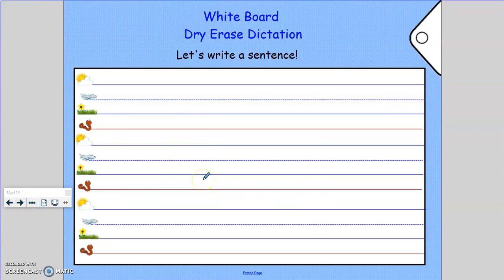So now we're going to practice writing sentences. And I'm going to write some sentences with some of the names that we just worked on. So I'm going to write the first sentence. I'm going to use the name Tom. I like this name. Tom.